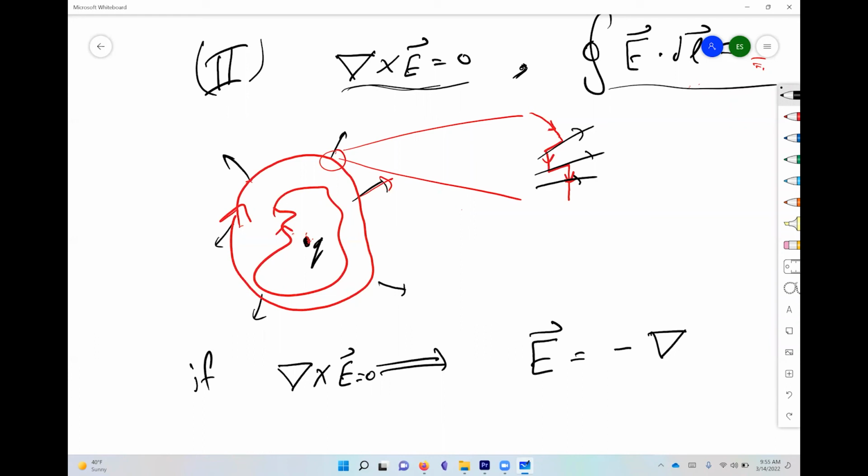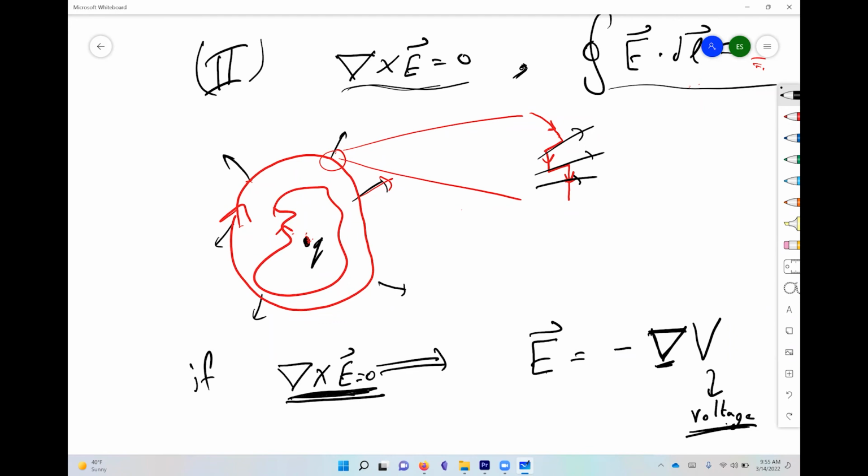The scalar field we call V, and this we call the voltage. Essentially, this is just mathematics. Because the field is irrotational, I can write E as a gradient of some scalar field V. And this scalar field V, we call the voltage.